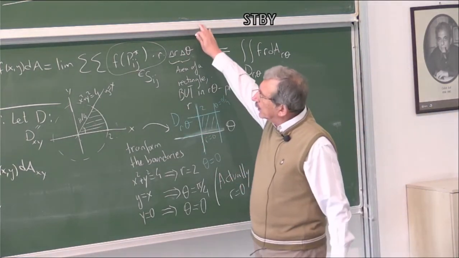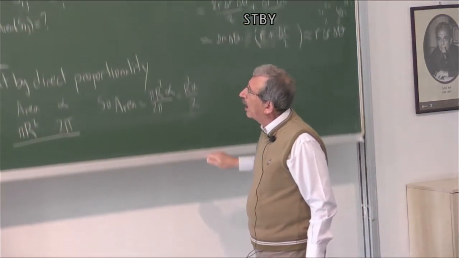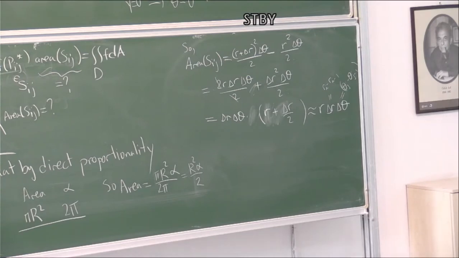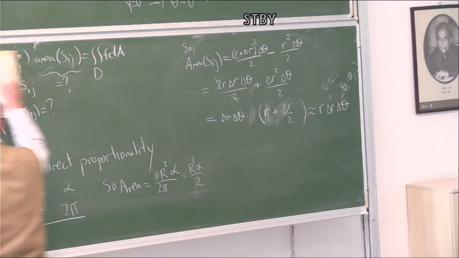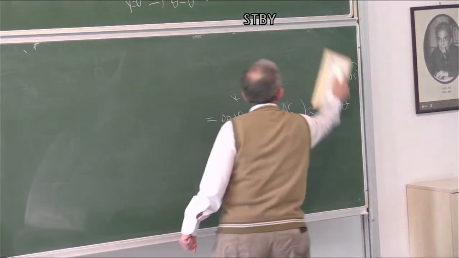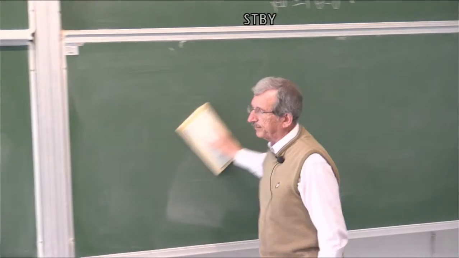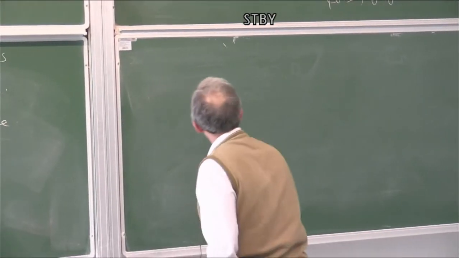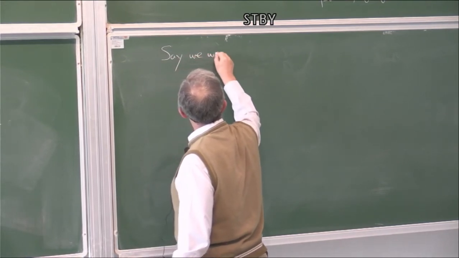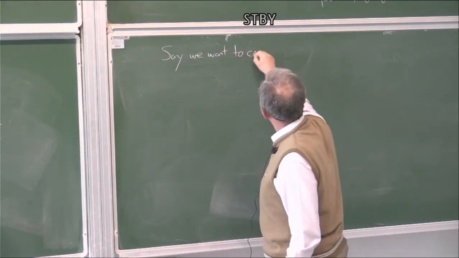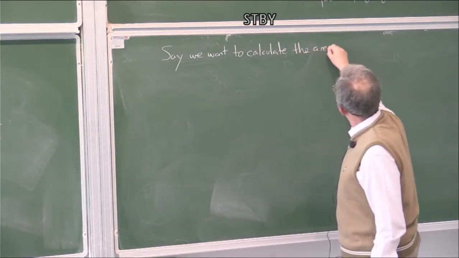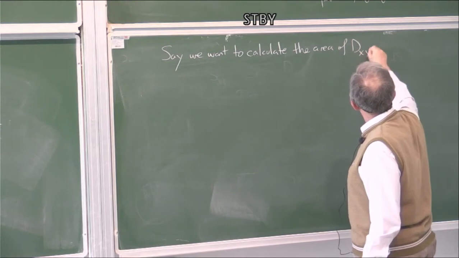What else do we know? Well, we know the following. We can now calculate using the polars at this point. So, say we want to calculate the area of D_xy.